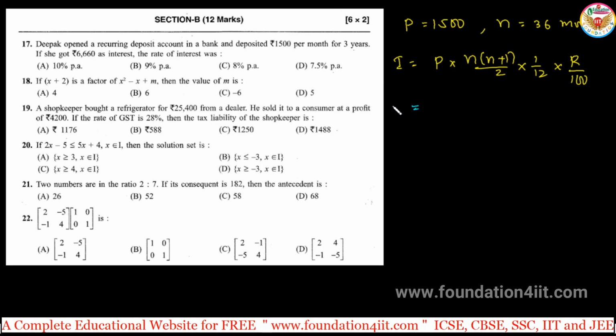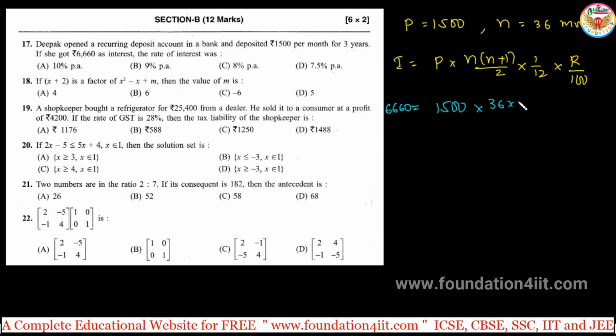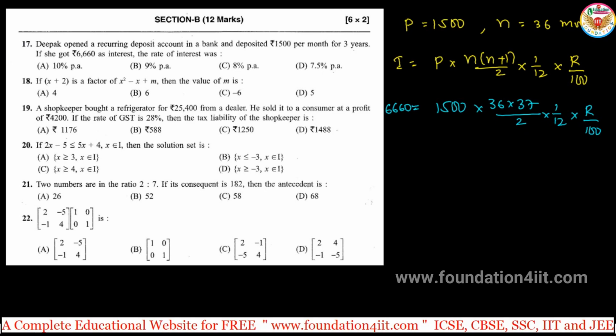Interest is given. Interest is 6,660 and P value is 1500, n into n plus 1, 36 into 37 divided by 2, 1 by 12 and R by 100. R value you have to find out. Mostly the calculation is simple, we can make it. 1s are 15 and 12 ones are 12, 3s are.